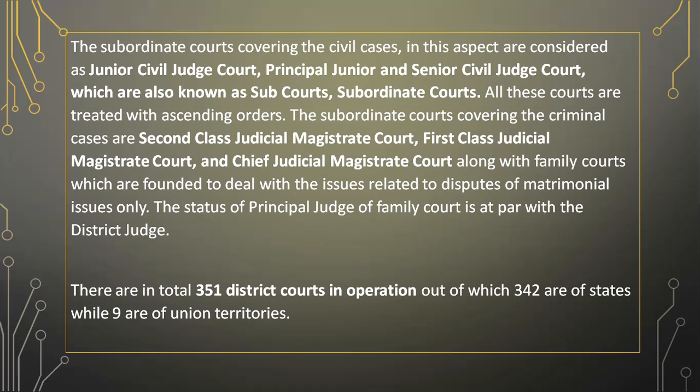The principal judge of family court is at par with the district judge. There are in total 351 district courts in operation, out of which 342 are of state while 9 are of union territories.